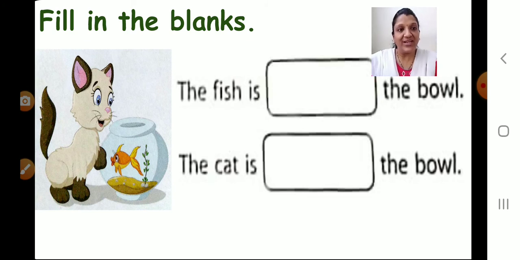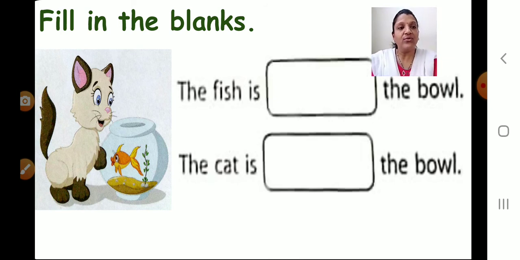The fish is inside the bowl. Correct. And where is the cat? The cat is outside the bowl.